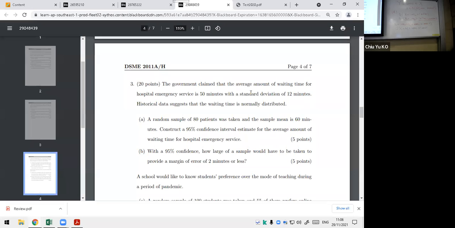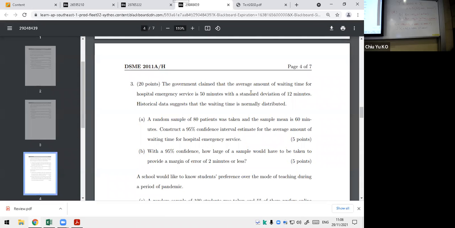So there are two items we know, and we know it's normal. Now you have a sample of 80, so n equals 80, and sample mean x bar is equal to 60. What you want is a 95% interval.